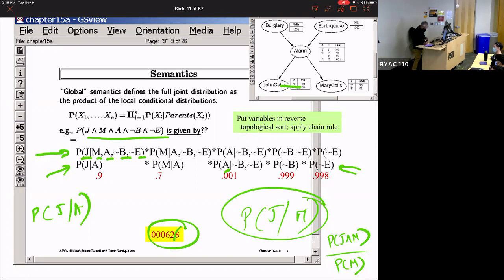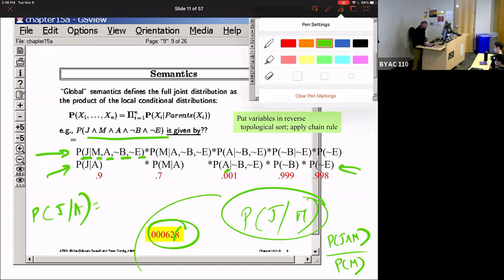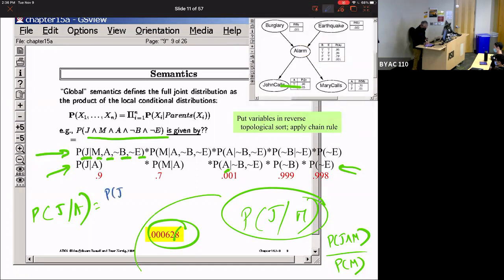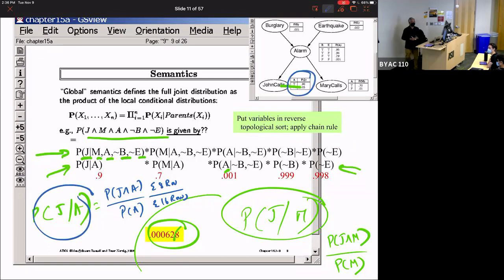You can do it the hard way, which is P(John and alarm) by P(alarm). That would be the sum of 8 rows by the sum of 16 rows. But it is also here. It's also here.